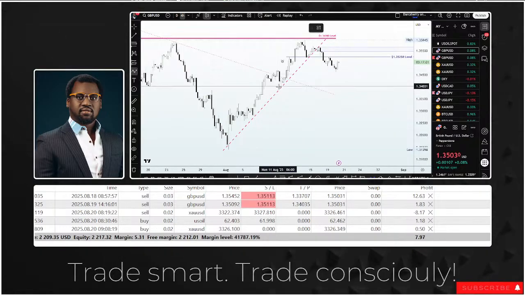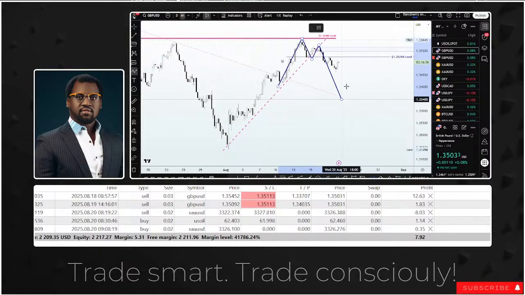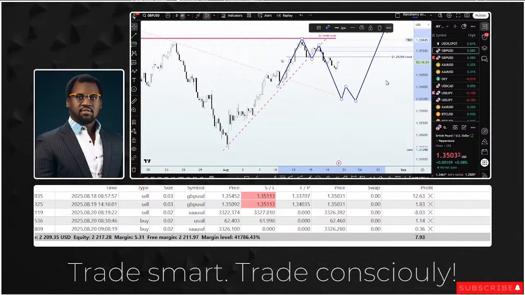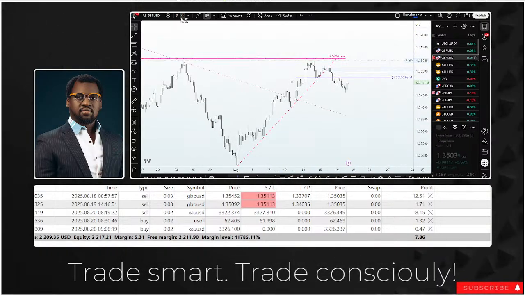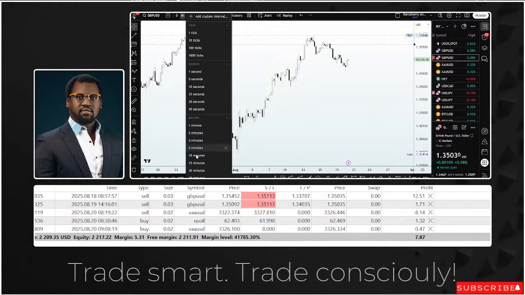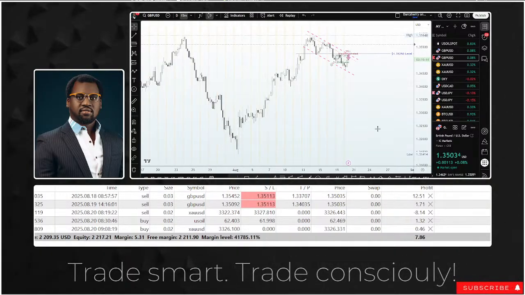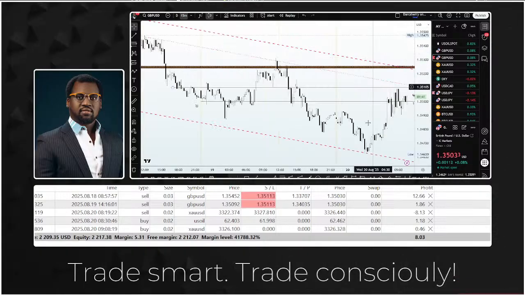I told you this trend line was broken, and then we may likely see a retracement back into this trend line before the next leg of bullish momentum will happen. So that is basically what I am looking at around the GBPUSD. I still maintain a bearish bias based on what we are seeing on this 15 minutes time frame.